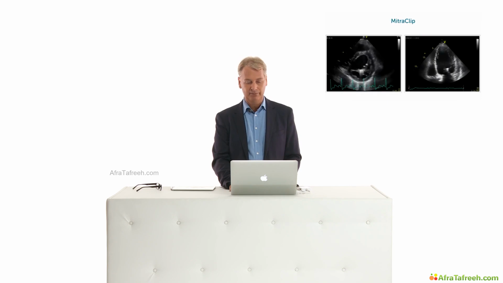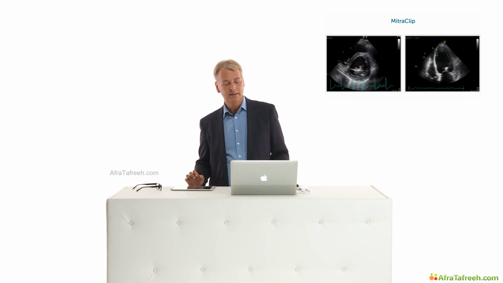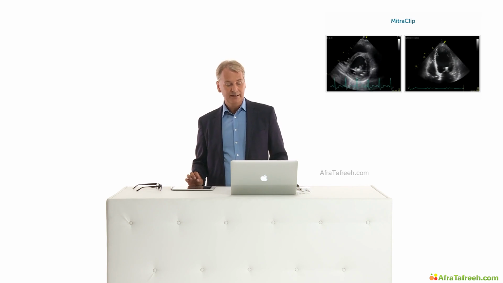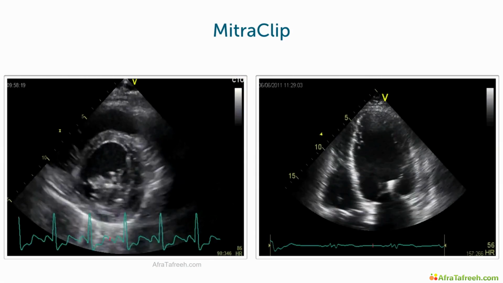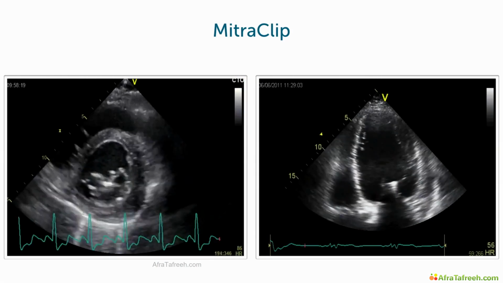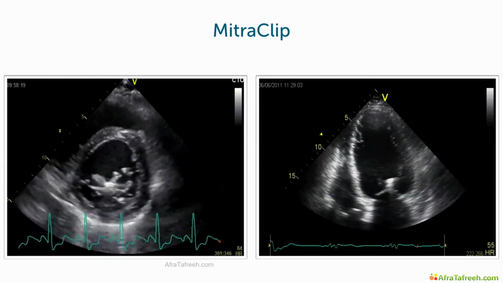And finally, this is a so-called mitral clip. What is the mitral clip? It's a special clip that we implant into patients who have severe mitral regurgitation and who are no surgical candidates. In this case, we cinch together the anterior and the posterior leaflet and create kind of a double orifice.